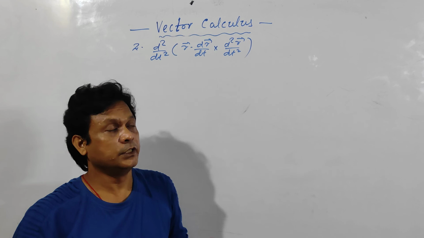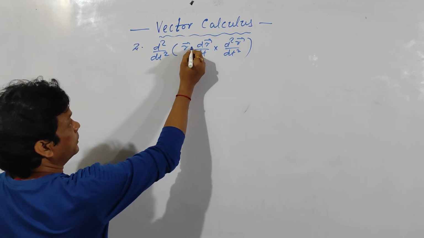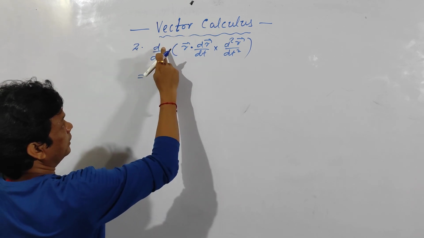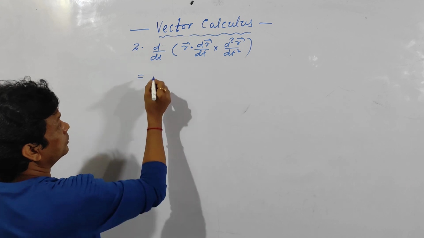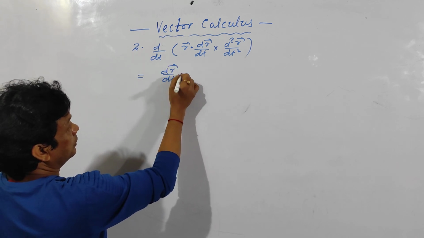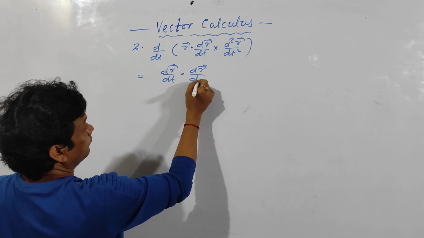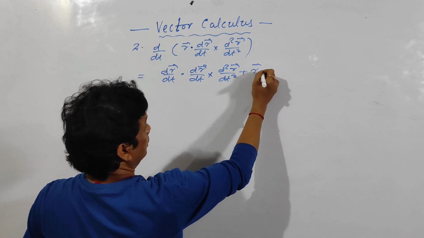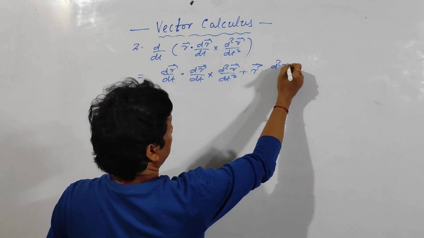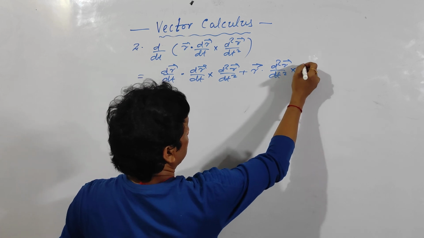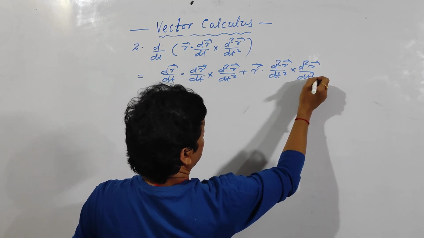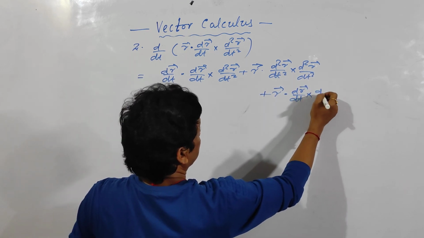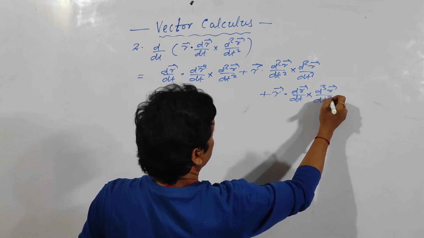Clear? See here, this one is the number 2 question of our previous video. First of all, find out the first derivative. Then you should find out the second derivative. Clear? So dr by dt dot dr by dt cross d square r by dt square plus r dot derivative of the first one, it is d square r by dt square cross d square r by dt square, plus derivative of the third one cross d cube r by dt cube.